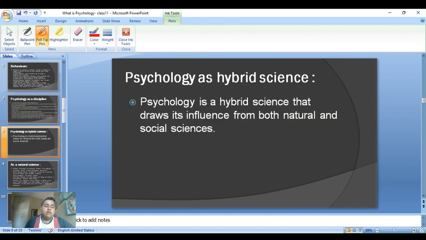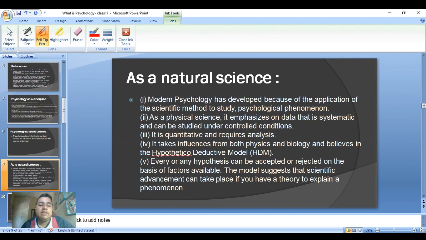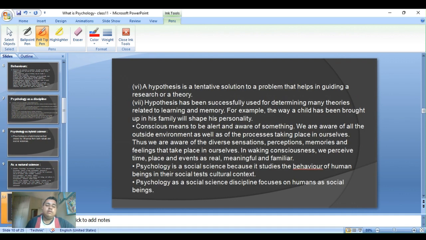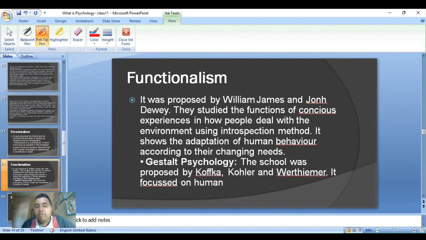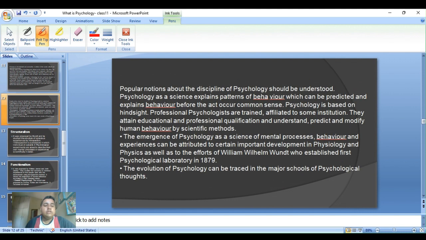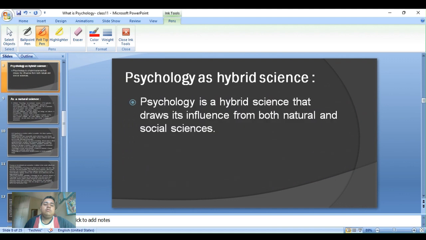Psychology as a hybrid science, we study as natural science, and we're going to talk about structuralism and functionalism in today's class. Psychology is a hybrid science that draws its influence from both natural and social sciences.